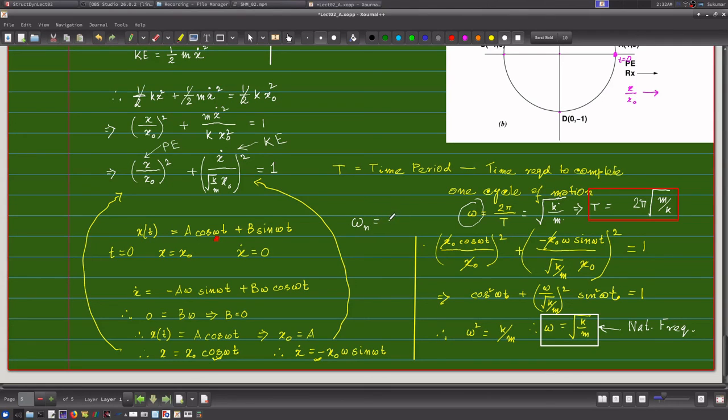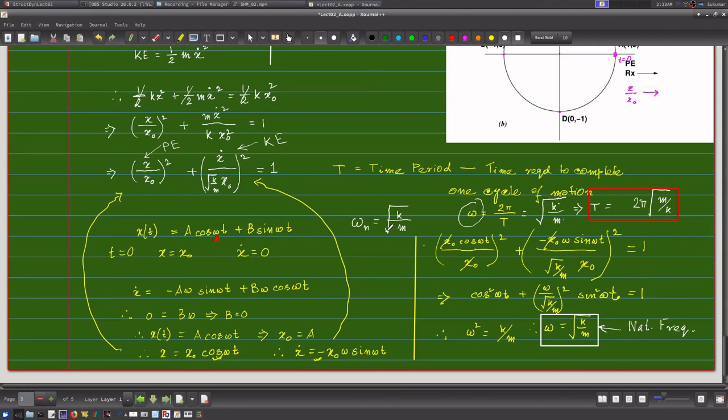So I can also write omega n as root over k by m. So whenever you see that omega is root over k by m, automatically you come to know that it must be natural frequency. Whether we write the subscript n or not, it obviously indicates that it is a natural frequency of the system.